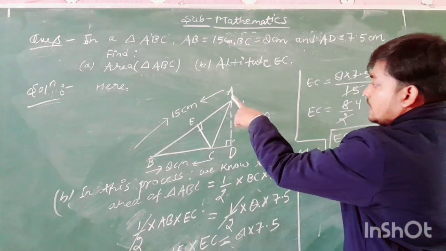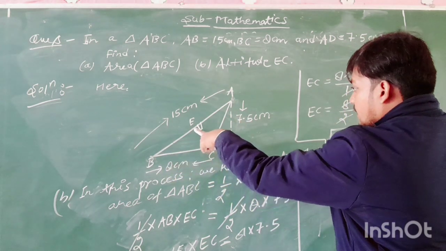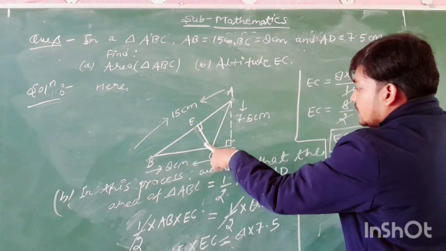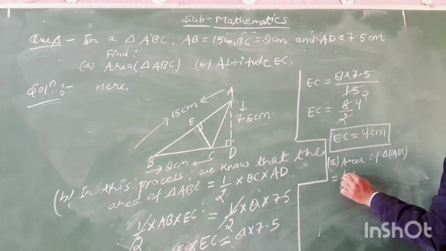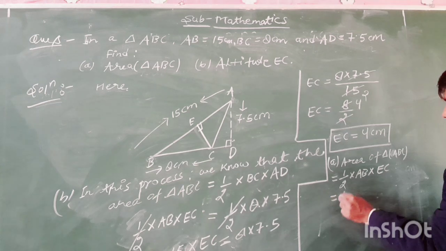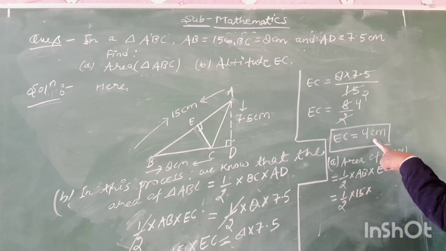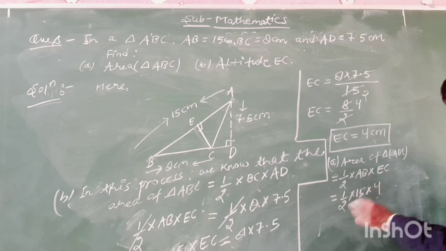Here we consider base will be AB, and its respective height is EC. So 1 by 2 into AB into EC, and measure of AB is equal to 15 centimeter and measure of EC is equal to 4 centimeter.